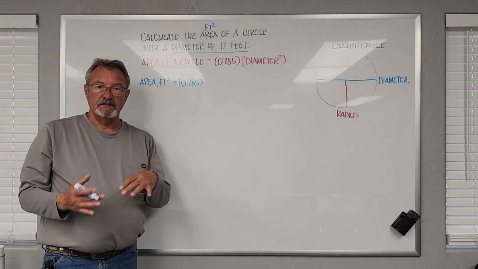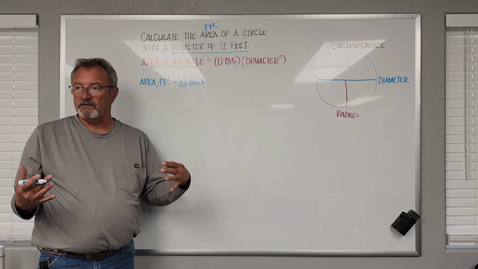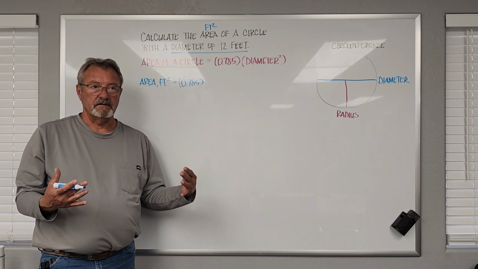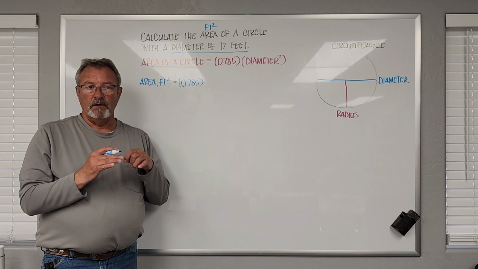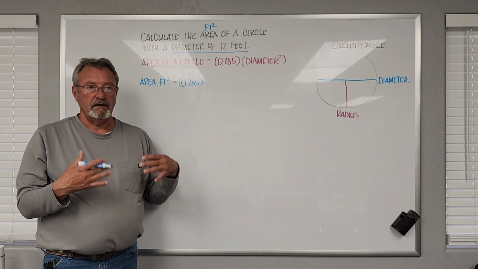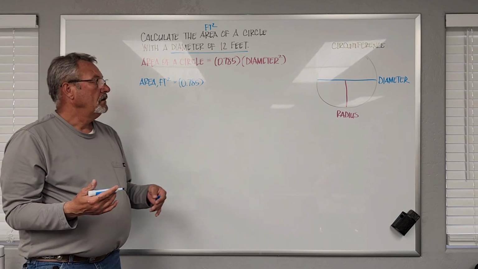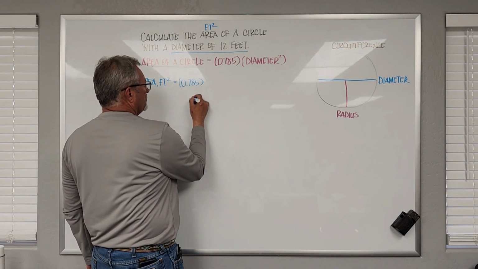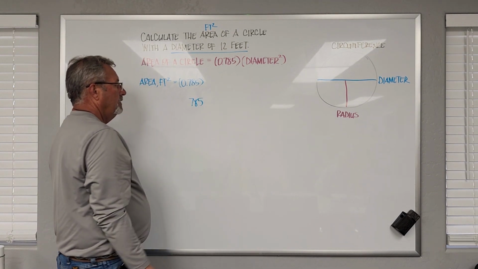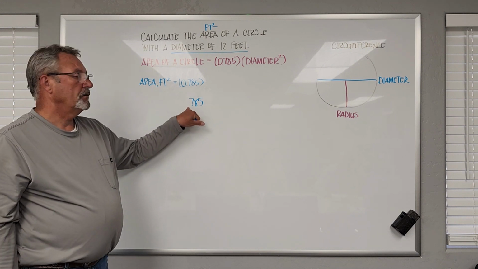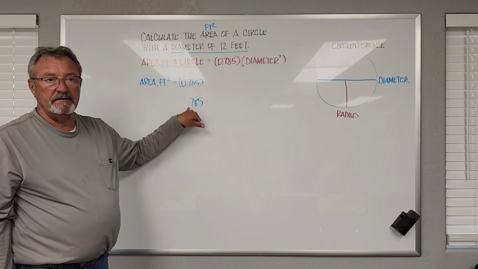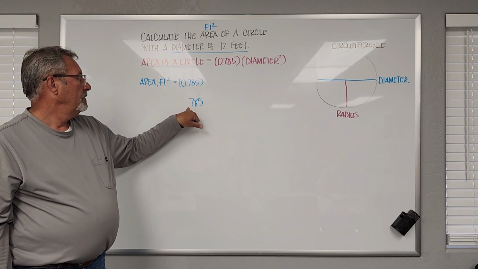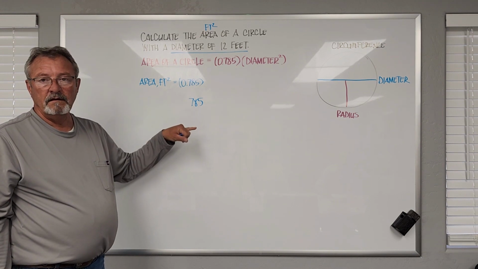One of the reasons I do is because my mentor in wastewater treatment, back when I first started in this industry, we would do our lab tests and record our results. If you write .785, and somebody behind you doesn't see that dot, that decimal point, they might read it differently.